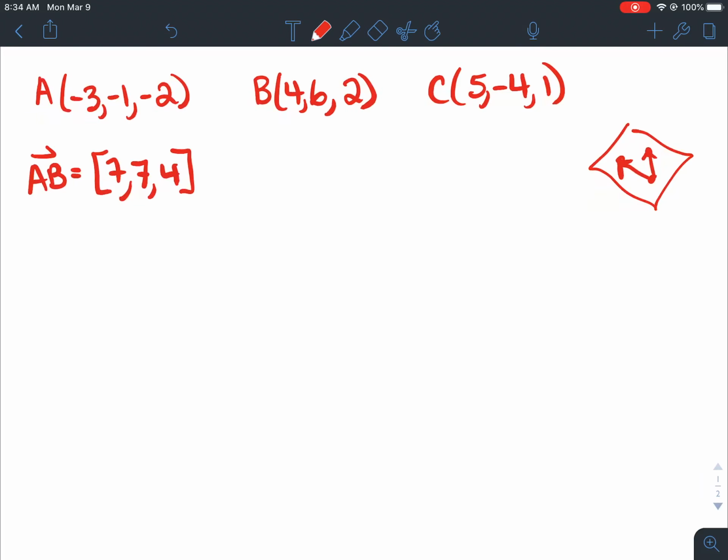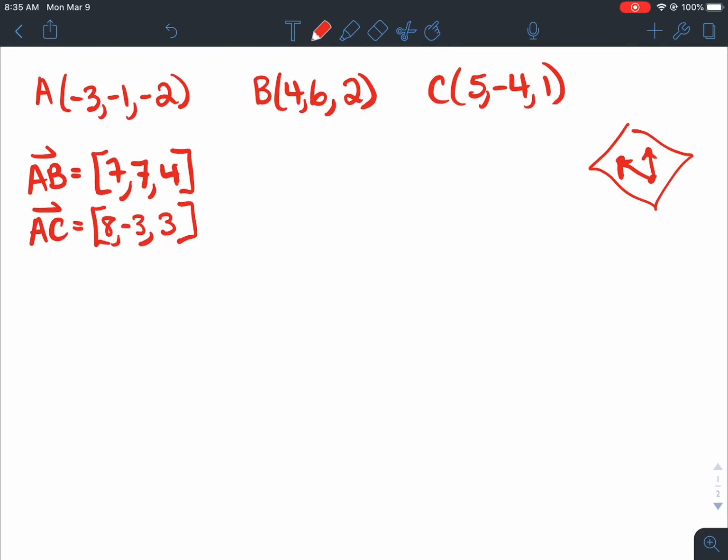If we're doing 4, take away -3, 6, take away -1, 2, take away -2. So we have that direction vector. And let's also do AC. So now we're doing C minus A, which will give us 8, -3, 3. So now we know 2 direction vectors on our plane.